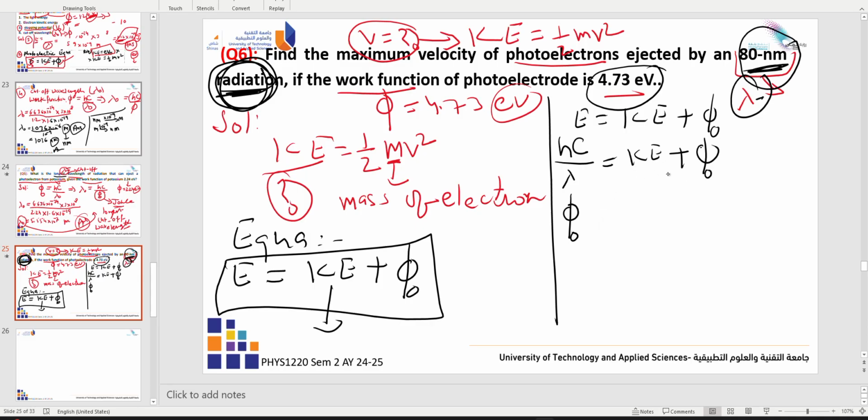Okay, so this will be phi naught, and this is hc over lambda. This will come here.